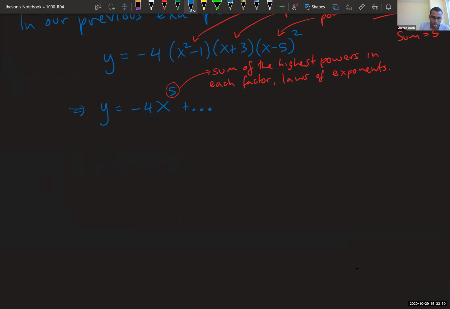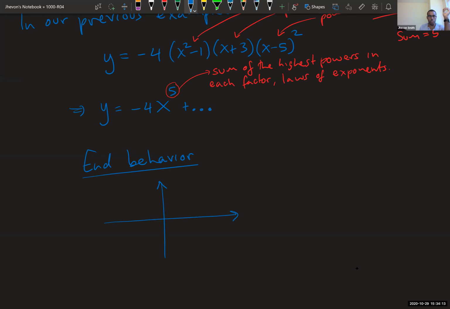So now tell me about the end behavior. How is it going to behave? One end will be pointing upward and the other will be pointing downward. Right, because it's an odd power.